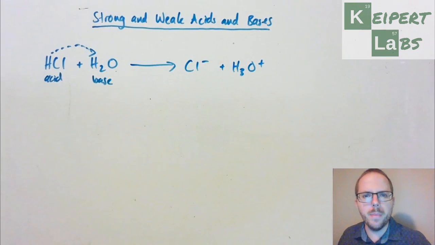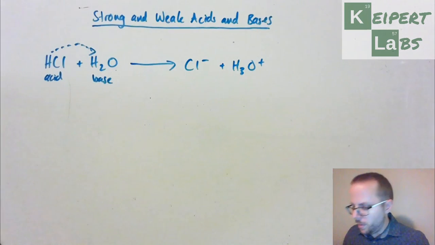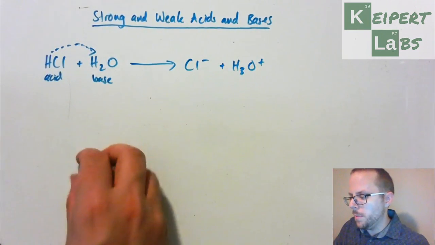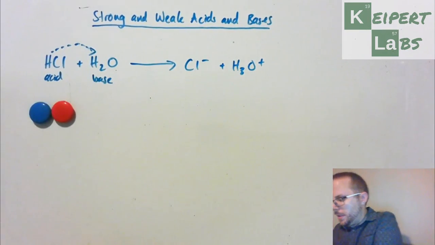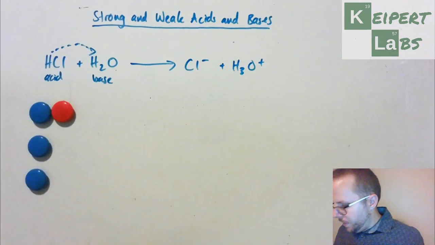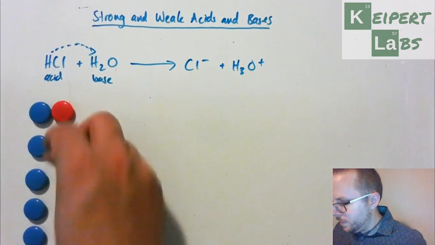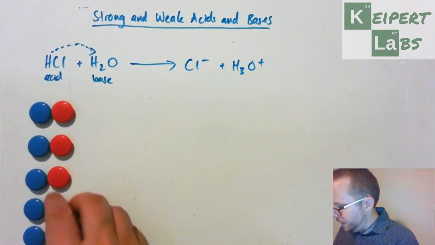I'm going to show you another way that we might visualize this. I'm going to use some of these colored little buttons to help represent molecules of our HCl. I'm going to set up 5 of them, underneath each other, just like that.